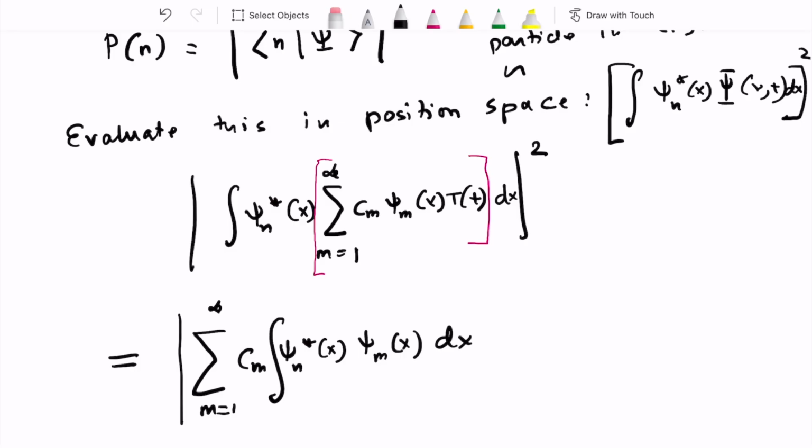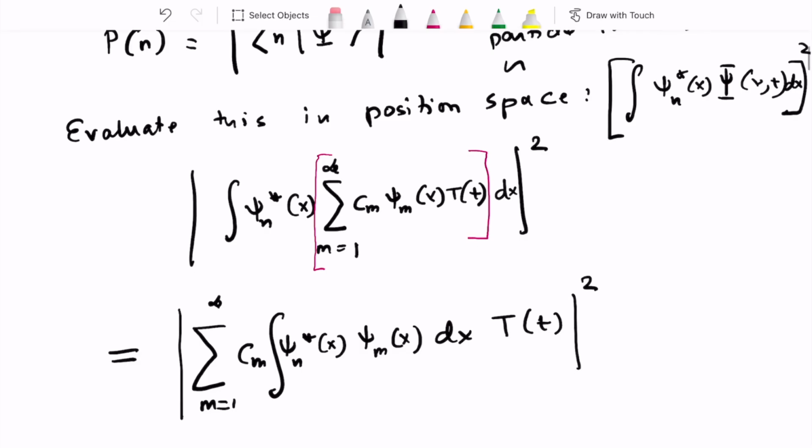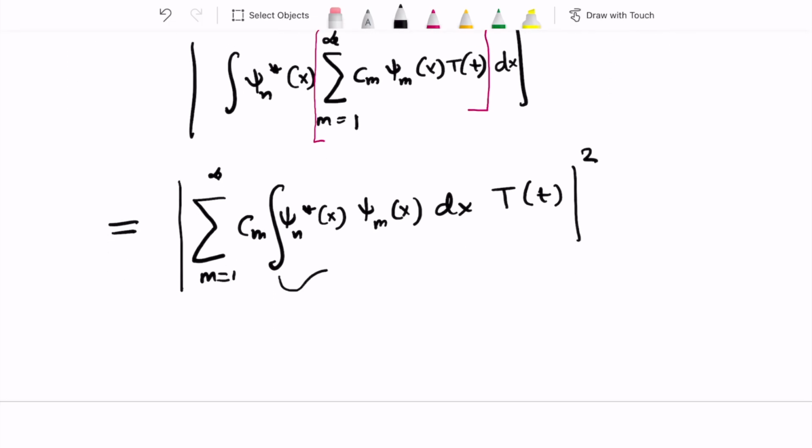And there's a T of t. The T of t does not depend on x, so I can just pull that out of the integration. Okay, all right, so what is this quantity?